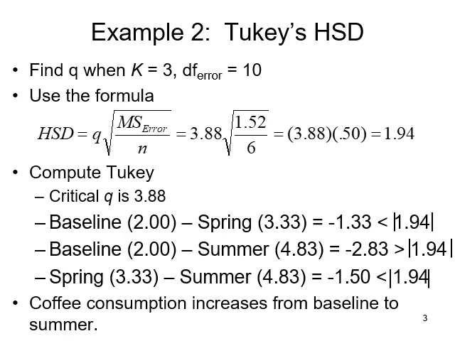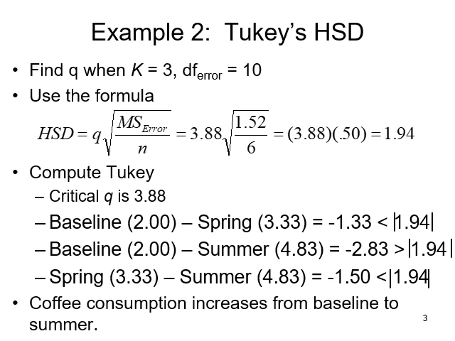We now want to look at the difference between baseline and summer, our high and our low score, 2.0 at baseline, 4.83 at summer. We again get the difference between the two, 2.83, and again, this is an absolute value, and that is larger than 1.94. That is a significant difference. And finally, we can look at the difference between spring and summer, 3.33 and 4.83, a difference of 1.50, again, too small to be significant.